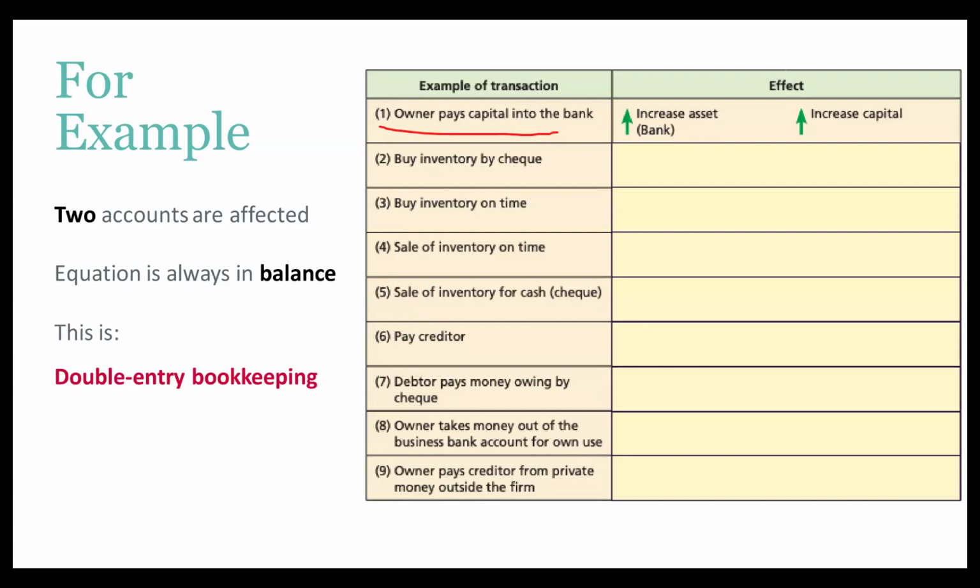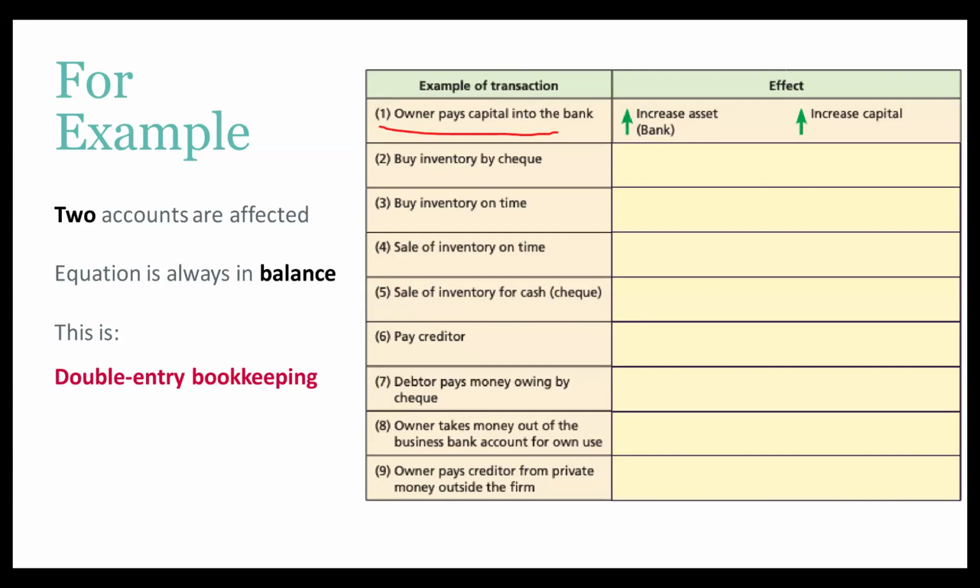You've seen what is happening, right? So nothing will happen to the capital. Everything will just be happening to the asset. Inventory will go up and the cash asset will go down, right? So which one are we going to record?